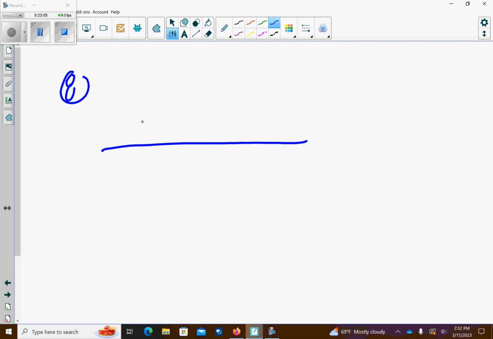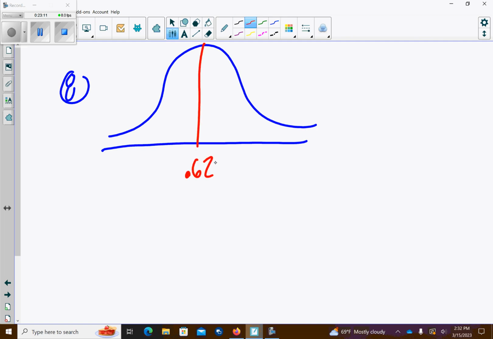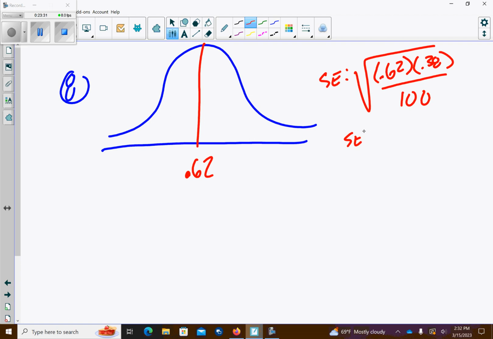If we want to draw this out, they felt that 62%, so 0.62, buy concessions. And now they said, hey, we're going to figure out our standard error in order to figure out the rest of this. And this is as percents. So that's going to be 0.62, and then 1 minus 0.62, which is 0.38, and they're going to divide by the 100 people. So we have a standard error in this case of 0.0485.